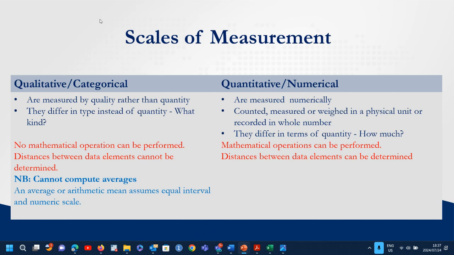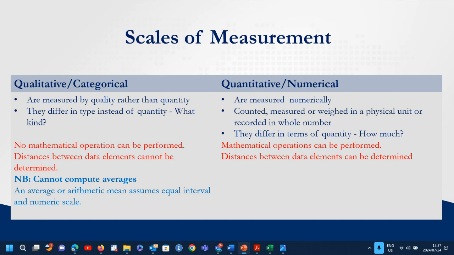On the other hand, when the variable is numerical, when you've measured it, you come back with a number. If you measure my height, what you get is a number, that I'm 1.6. If you measure my weight, you get a number. If you measure my age in years, you get a number.